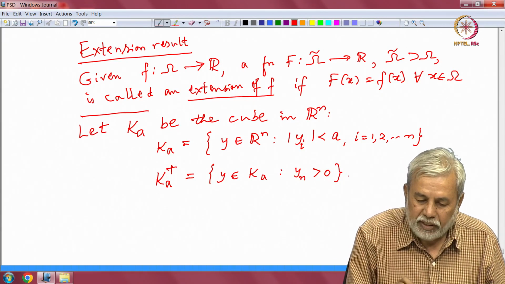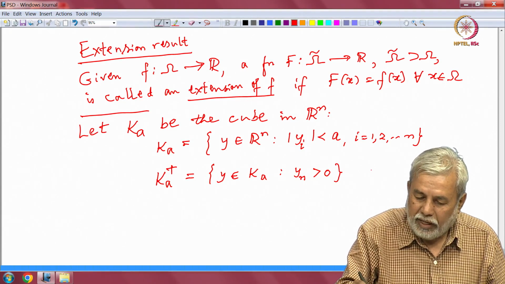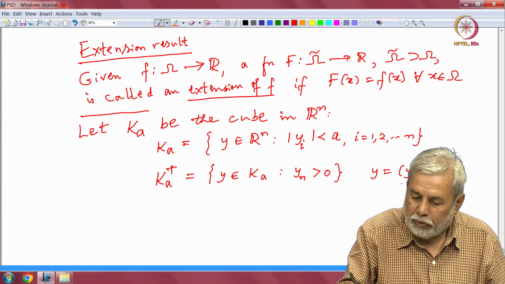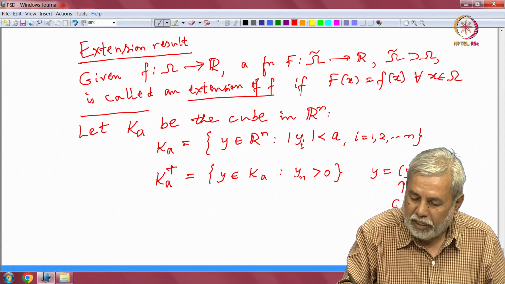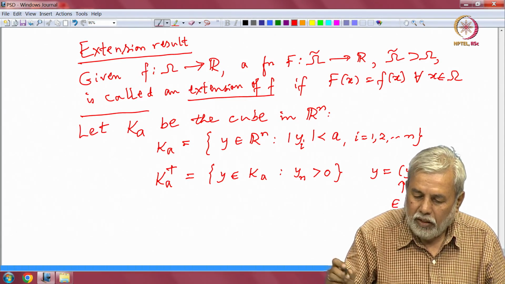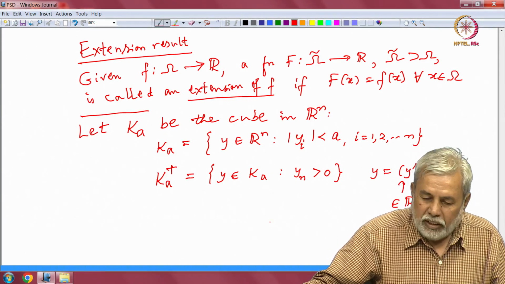Just for ease of writing I am taking y n, and we write y as y prime, y n, where y prime is in R^(n minus 1). So, these are standard notations.